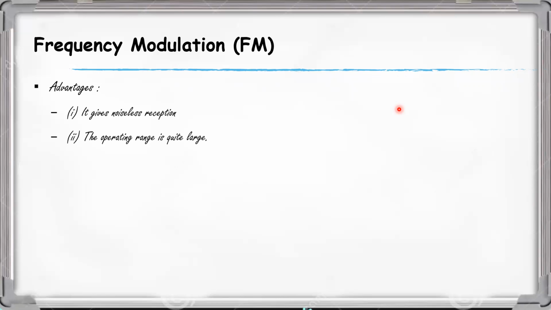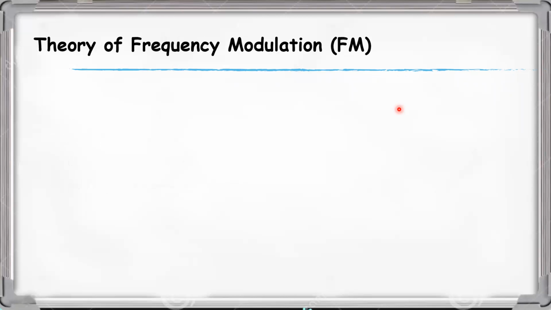The second is that the operating range is quite large. It gives high fidelity reception, and the efficiency of the transmission is very high. And then we go to the theory of frequency modulation.